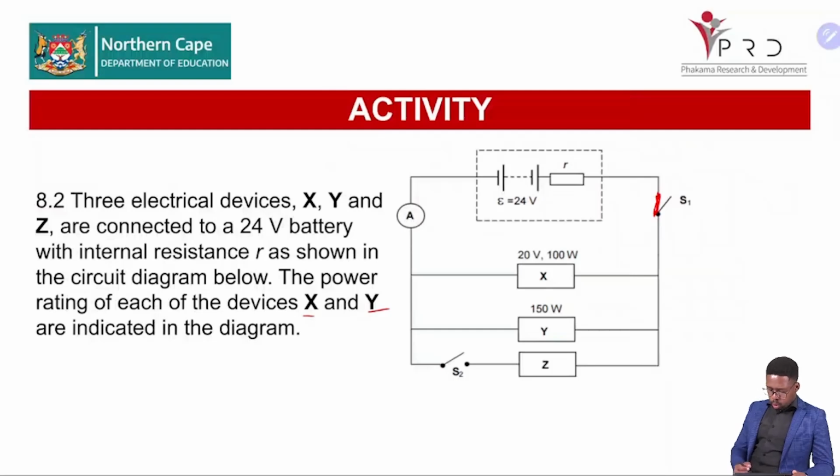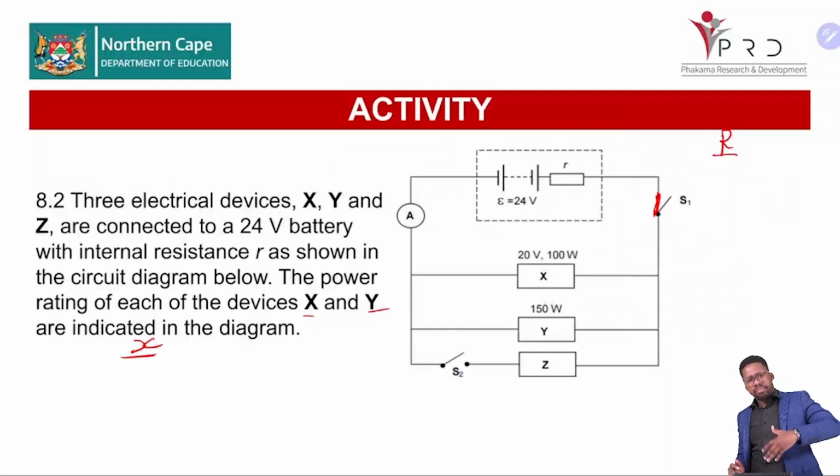So the current will go to X and Y. You just divide this. Here, I'll deal with X, and here, I'll deal with Y. We are not answering any question. We are analyzing, because in electric circuits, it is for us to analyze and understand the circuit connection.